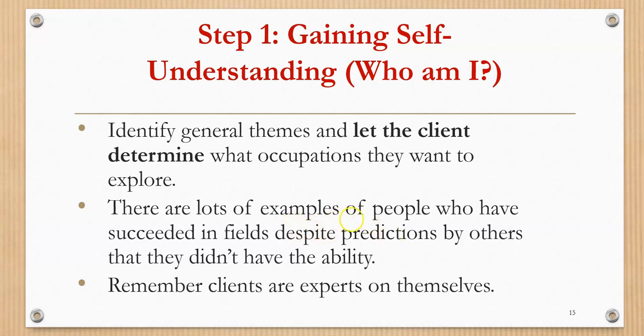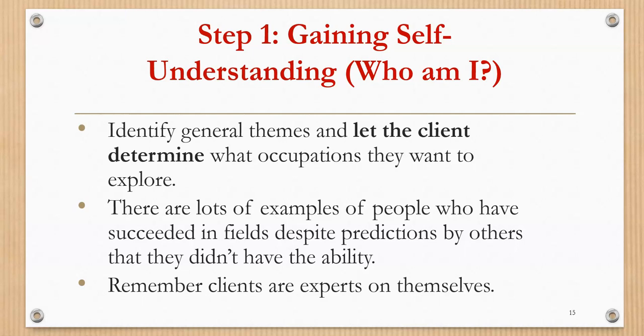So it's really important that you do not ever discourage a client away from pursuing an occupation, whatever you might think of their abilities. The other part of this that's important is that you can share information with clients about occupations, but you really must do so in an objective way.